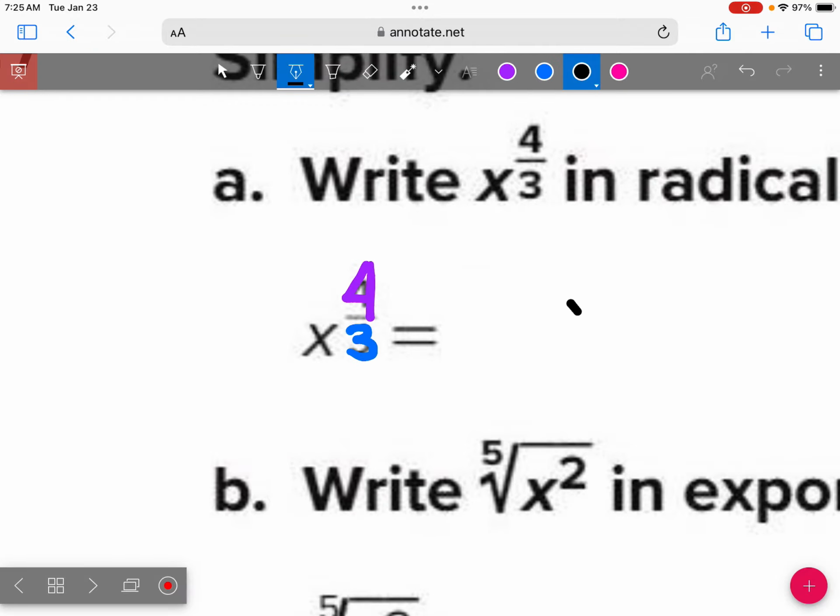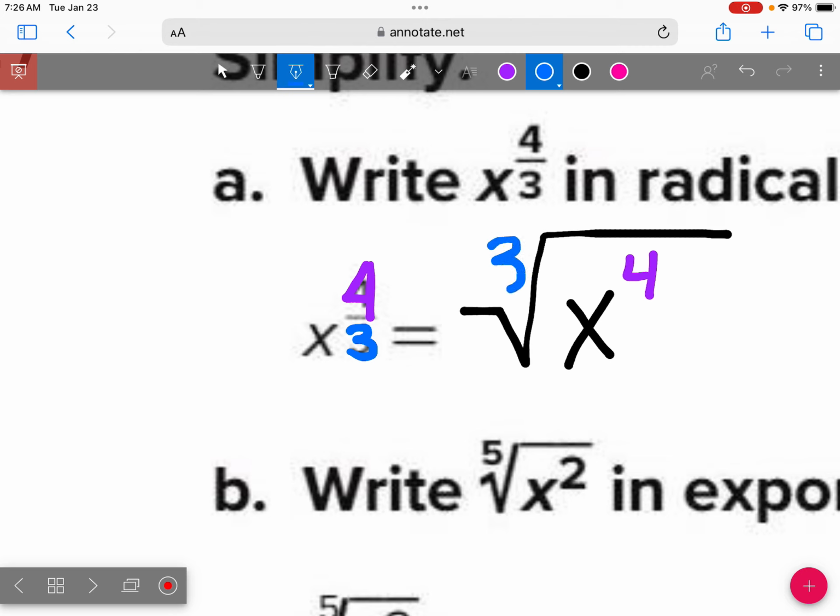So what we have is our base, which is still an x, has a power of 4, and when we put it into a radical, it has an index of 3. So x to the 4/3 is the exact same thing as the cube root of x to the 4th.